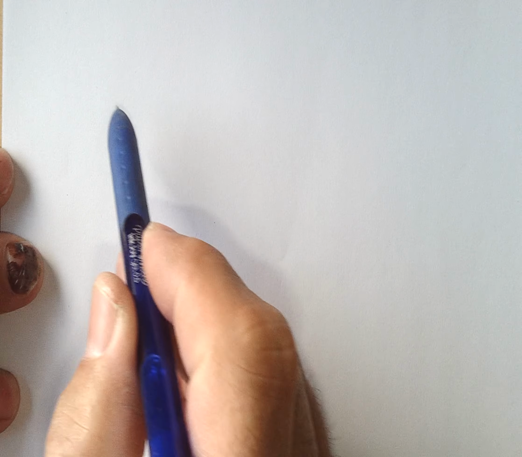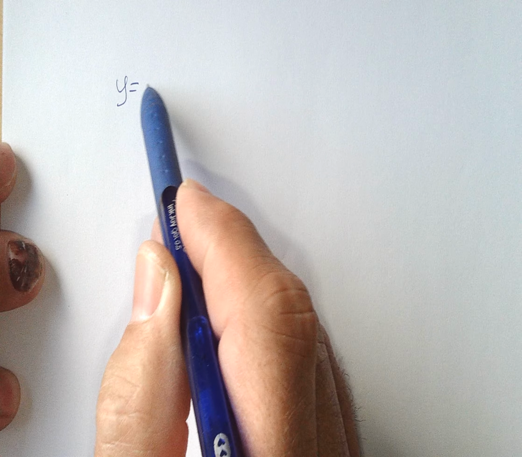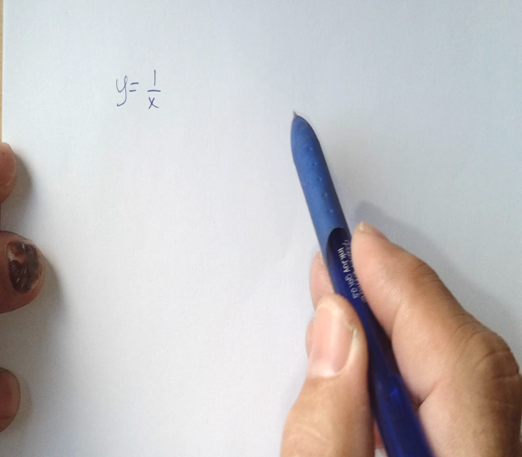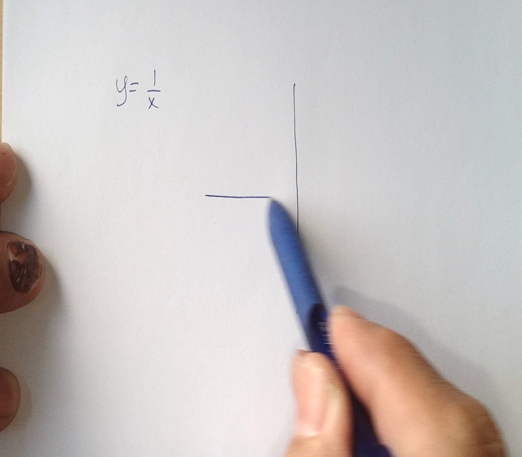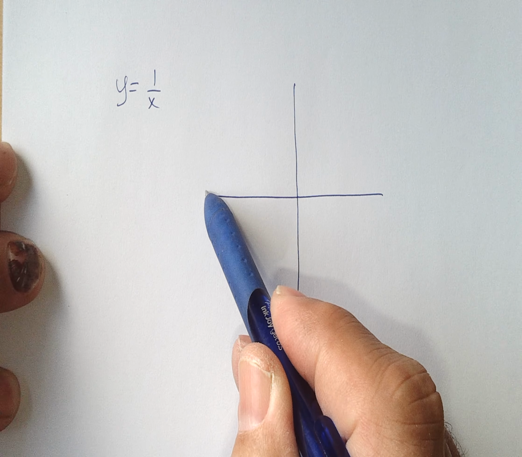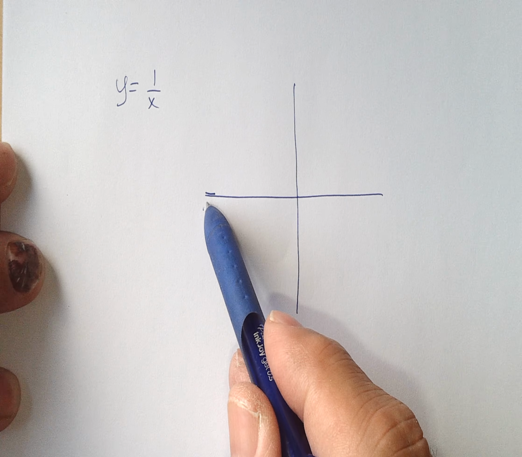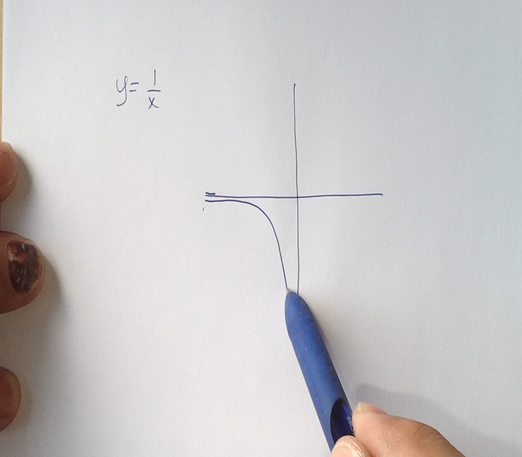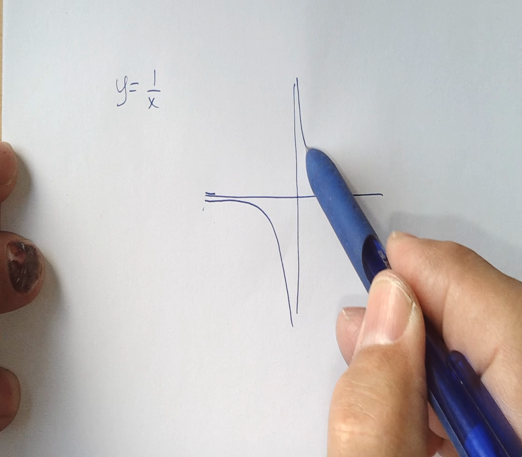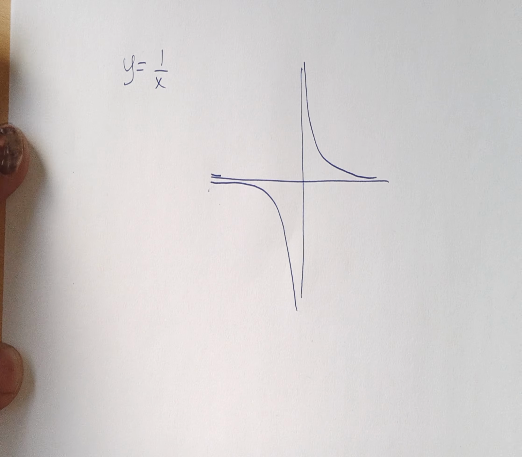So the equation was y equals 1 over x, and it looks like this, and then this.